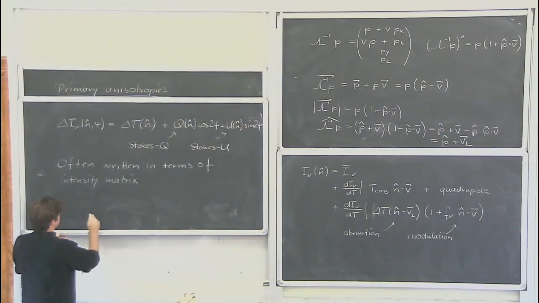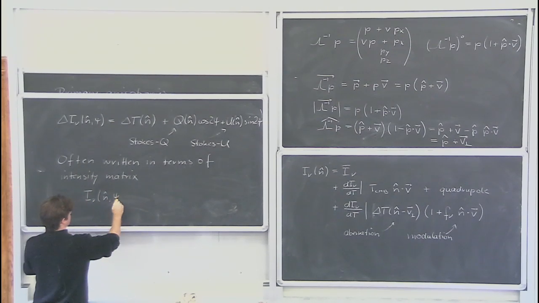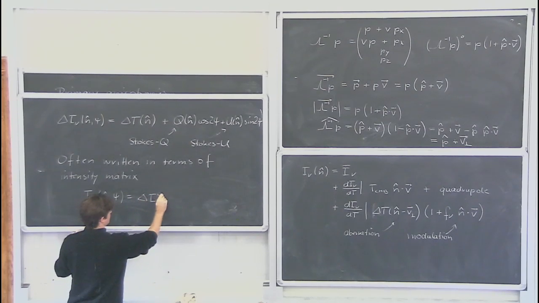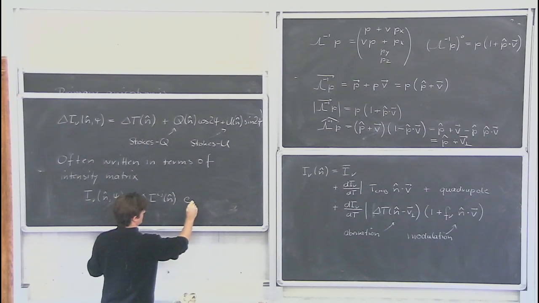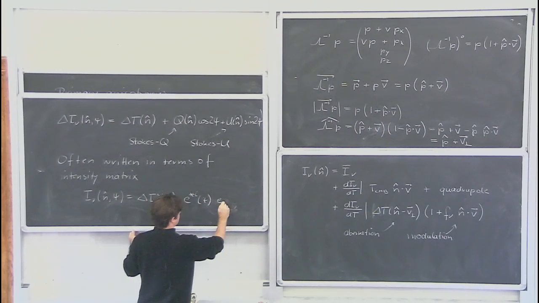The intensity matrix is defined so that the intensity of n hat and psi is equal to the intensity matrix I_ij, which is now only a function of n hat but not psi, contracted with polarization vectors e_i(psi) and e_j(psi).